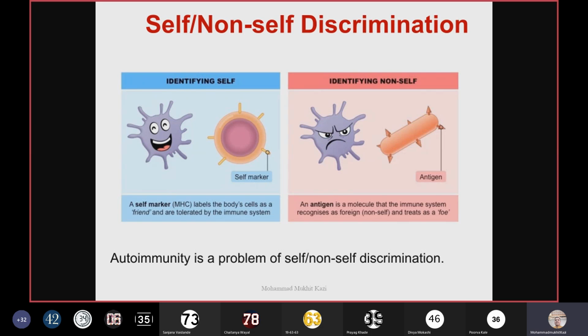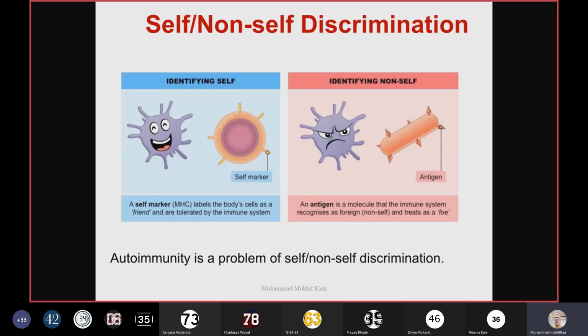So what is the main purpose of our immune response? It should differentiate self from non-self antigens. There has to be clear-cut discrimination of which belongs to us and which does not. If our cells identify our own cells, that is okay, and you don't suffer from any autoimmune disease.